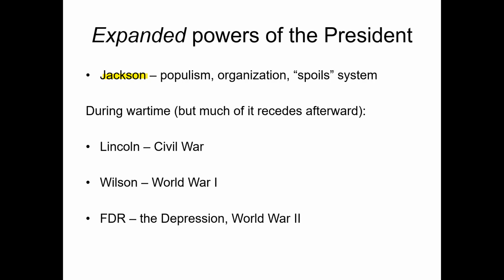Jackson won the popular vote as far as could be determined in the 1824 election, but he did not win the electoral vote. It went into the House, and there were some deals made, and John Quincy Adams was elected president through that House of Representatives process.